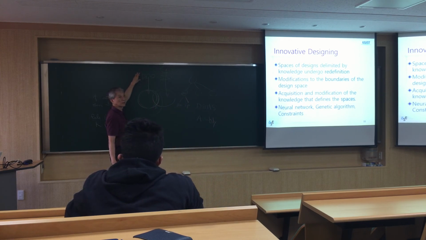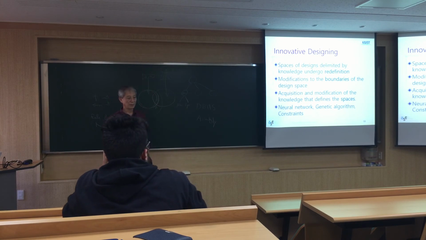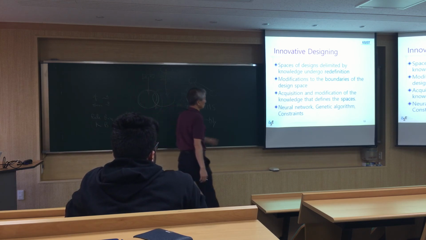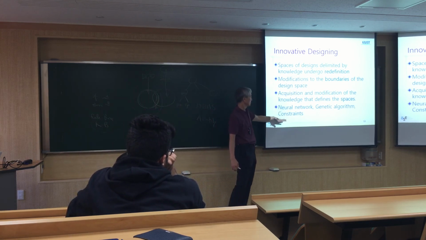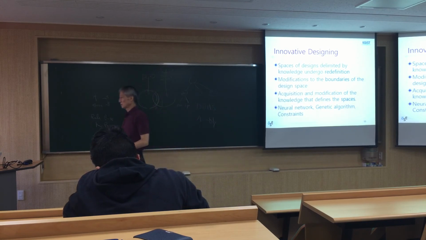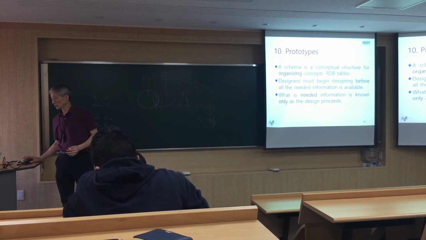Say Lego block mating conditions are only 2, but I want to increase them to 5, and then the design varieties can be increased, right? So neural networks or genetic algorithms and constraints; neural networks especially are related to this. TensorFlow is a neural network. So creative.